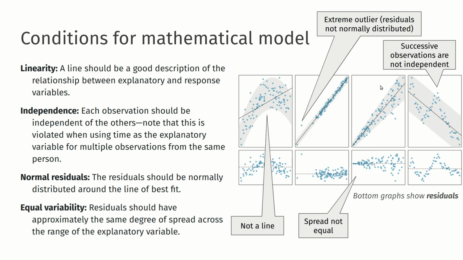And so here is me labeling all of these different violations of these different assumptions. If you ever see data that look like these, you probably shouldn't be using a mathematical model for doing inference about linear regression.